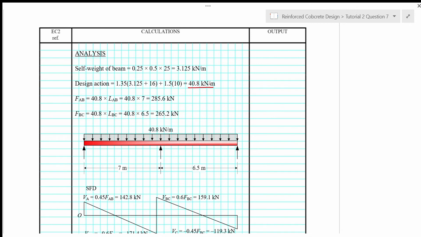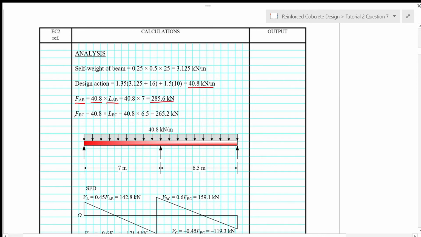After that, we calculate the total load on span AB. The total load on span AB is the uniformly distributed load multiplied by the span AB of 7 meters, so we get 285.6 kilonewton.